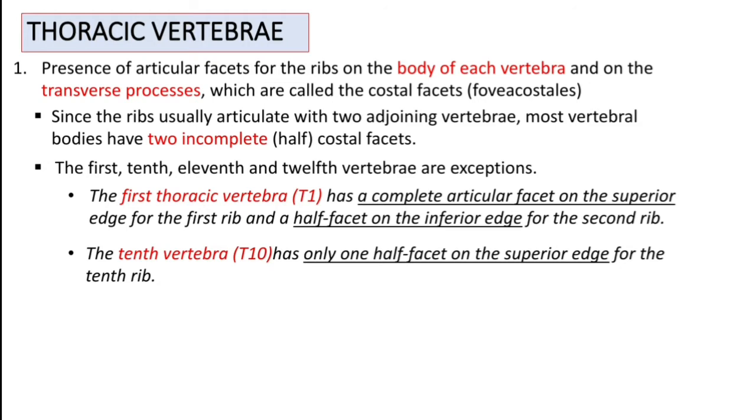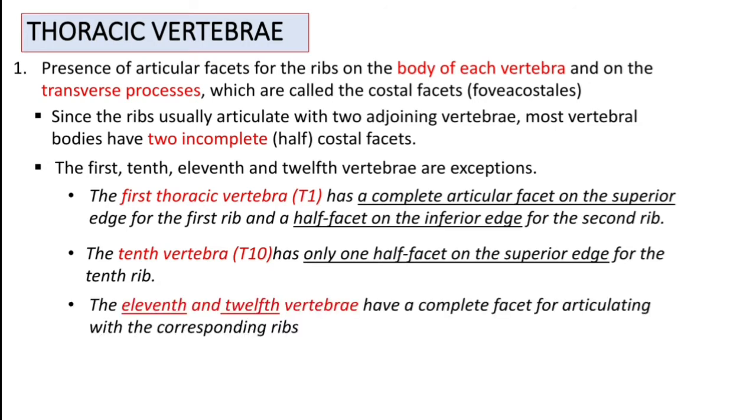So it's a half combining with the half on the inferior edge of the 9th to form a complete facet for the 10th rib. And the 11th and 12th vertebrae have complete facets for articulating with the corresponding ribs. No hemifacets.